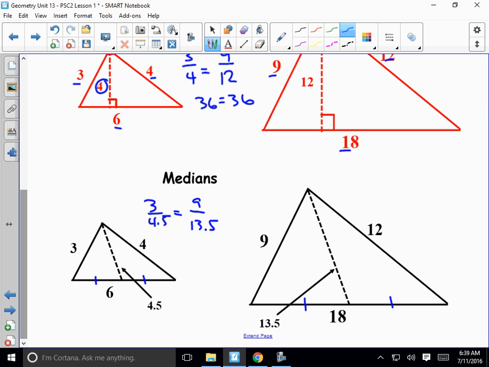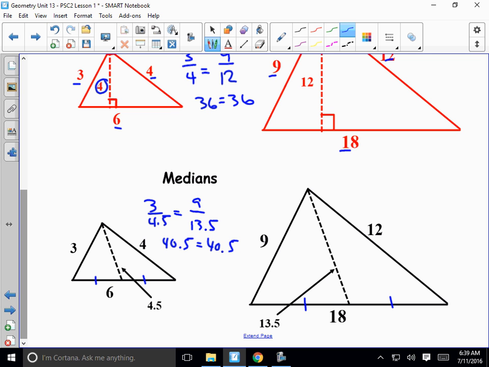And then we just got to do some quick calculator work here. 4.5 times 9 equals 40.5. 3 times 13.5 equals 40.5.